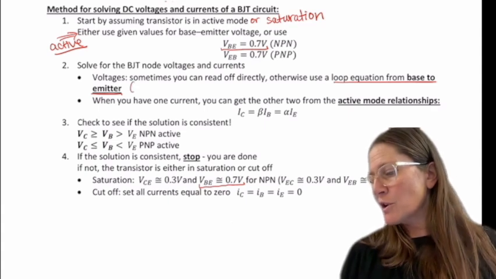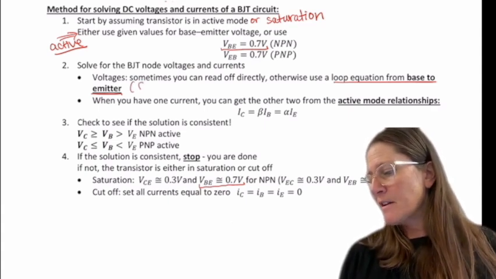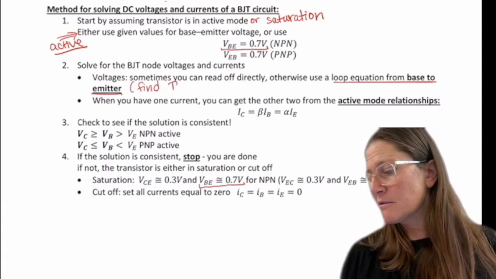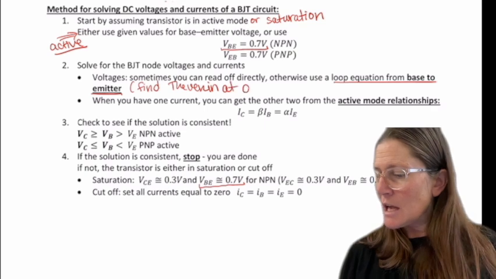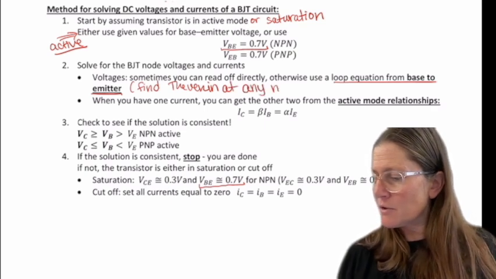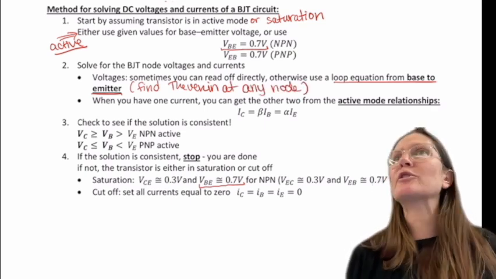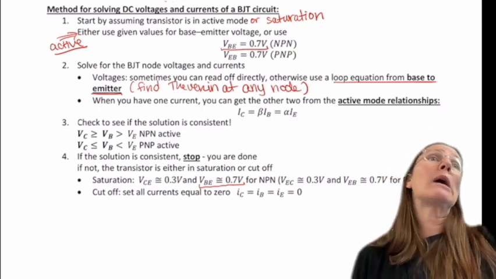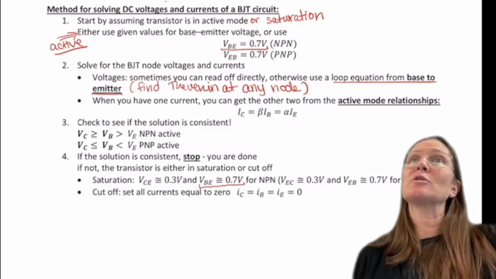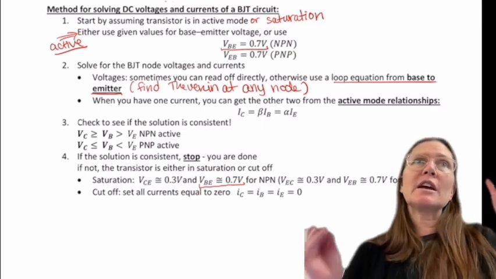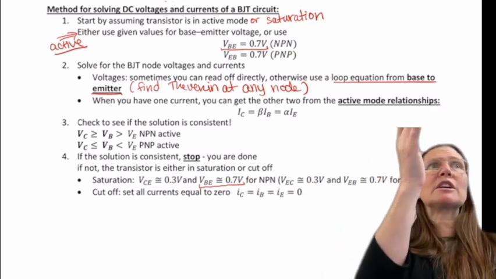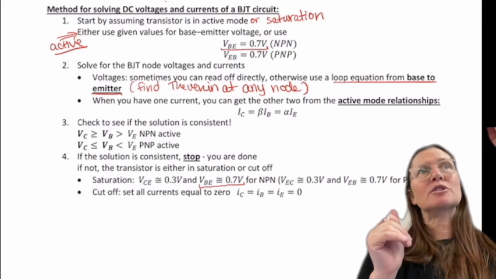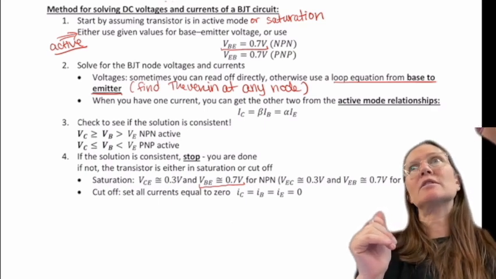You can also find a Thevenin at any node. So say you have a pretty complicated circuit at the base and you're like, wow, I don't have any clue what to do. With that, you would disconnect the transistor from that more complicated circuit and then simplify that circuitry into a Thevenin equivalent.